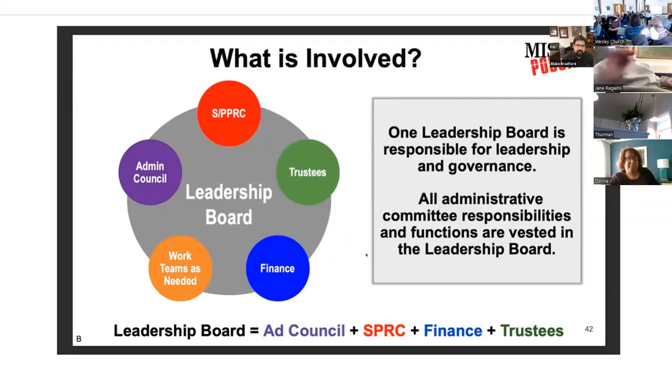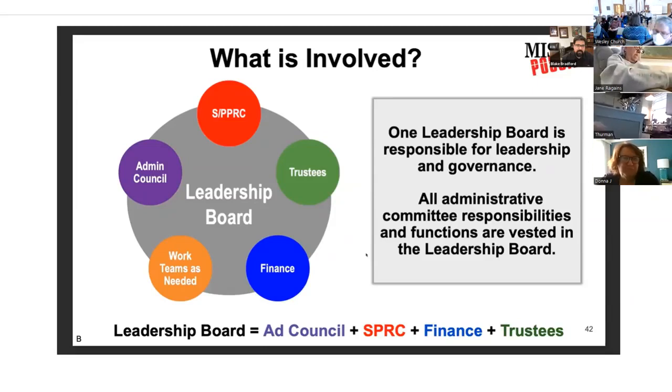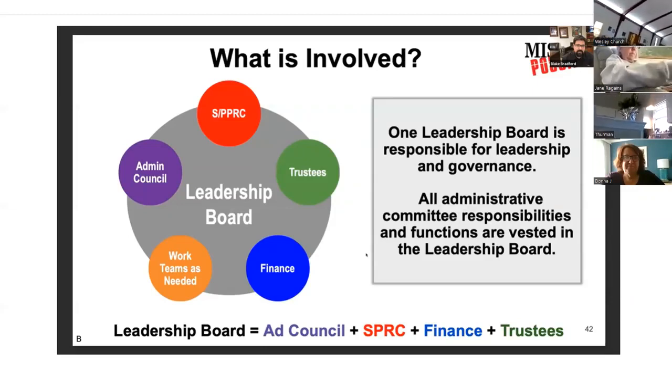So yes, I will say that again. We're here to share with you an alternative governance model that exists within the United Methodist Church and is used by many other churches throughout the United States. I don't know about the world, but definitely the United States. I have a friend from seminary who serves a church larger than ours that uses this model and speaks very highly of it.